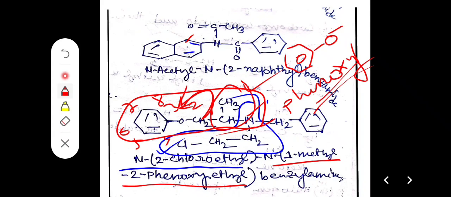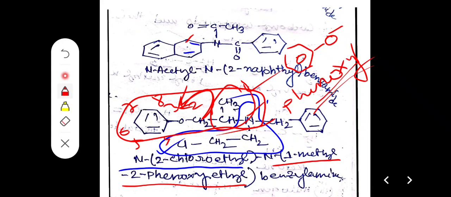That's why we termed it as 1-methyl, because one carbon atom bears one CH3 group. Then hyphen 2-phenoxyethyl, because the 2 carbon should be connected with the phenoxy group. Phenoxyethyl means a benzene ring, O, CH2 connected.